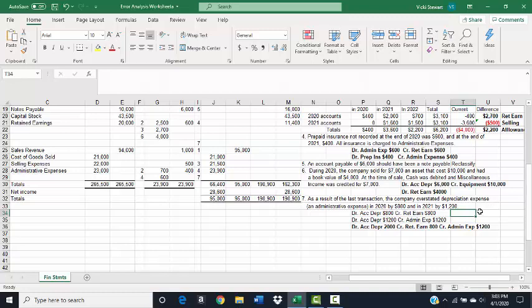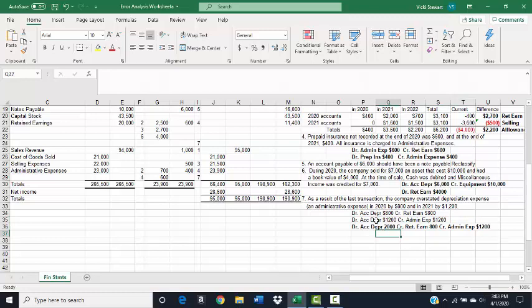Now for this year, again, we need to back out the $1,200 of accumulated depreciation that shouldn't have been recorded, but our books are still open for this year, so we can credit administrative expense for the $1,200 for 2021.